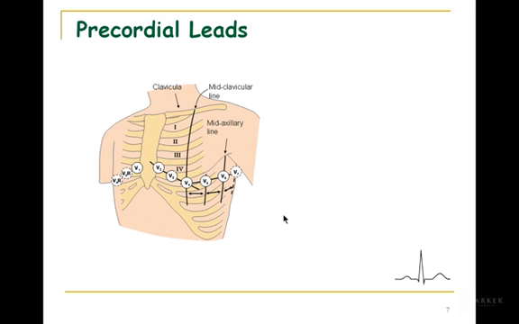People go to school to be able to know exactly where these must be placed. Okay? Well, the precordial leads are different from the standard limb leads or the augmented leads in that these are measuring on the transverse plane. Okay, so they're looking at the heart a little bit different.